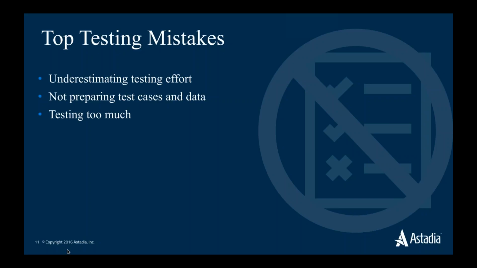Another big mistake is not preparing your test cases and your test data. And there are a couple of reasons for this. One is because, well, you just need it to do proper testing, and you certainly don't want to get to a point where you're ready to test, but you can't because you don't have your test cases or your test data. But it's also important for even just the unit test.